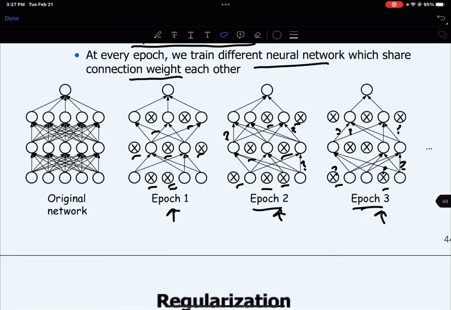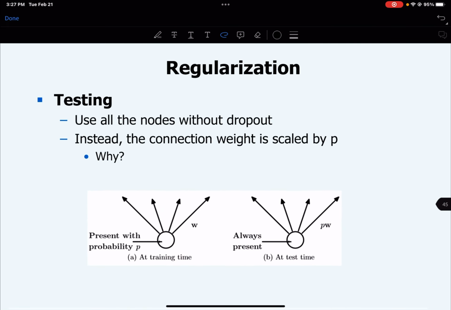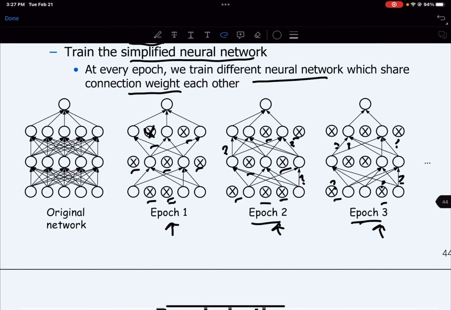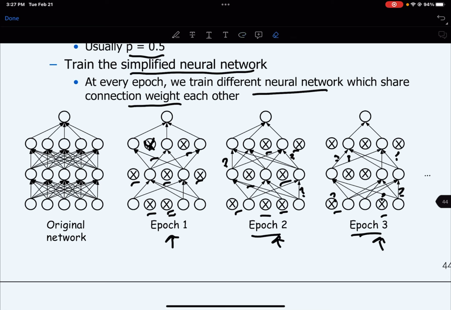Because they are activated. Some of them are not fired, some nodes are not fired. Because this is a fully connected network, we have 2 nodes in the previous layer, so all of them should have at least 2. So we can see all of them have 2 nodes coming as input.